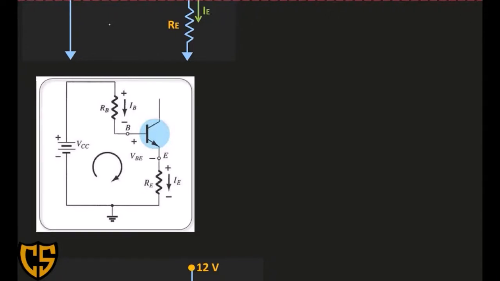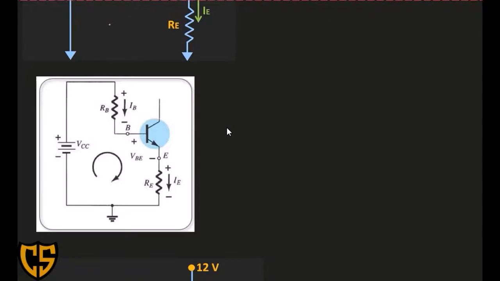Then we use the relationship between IC and IB, which is IC equals beta IB. Then we use that in the outside loop, the collector-emitter loop. Either you substitute the value of your IE, which is beta plus 1 IB, or you assume that your IE is approximately equal to IC. So let's try to solve this one.